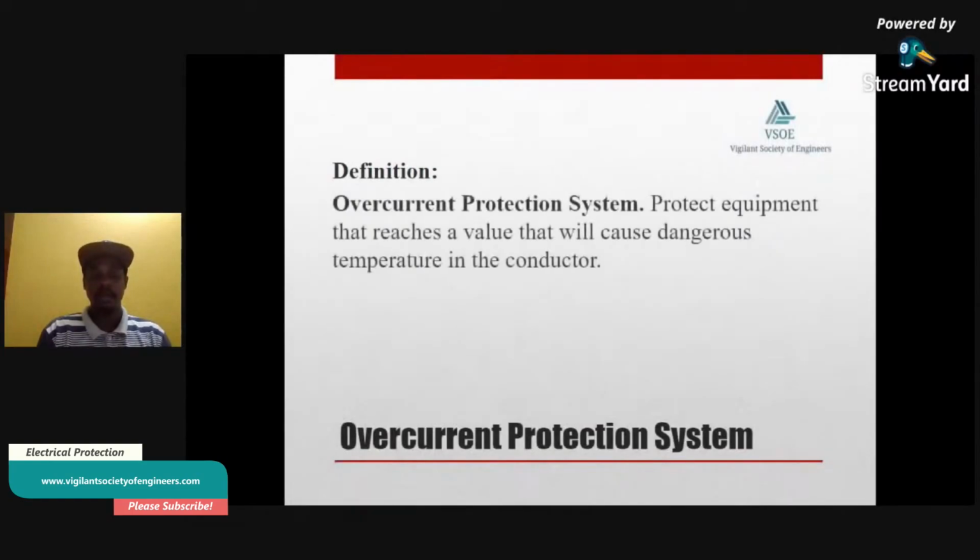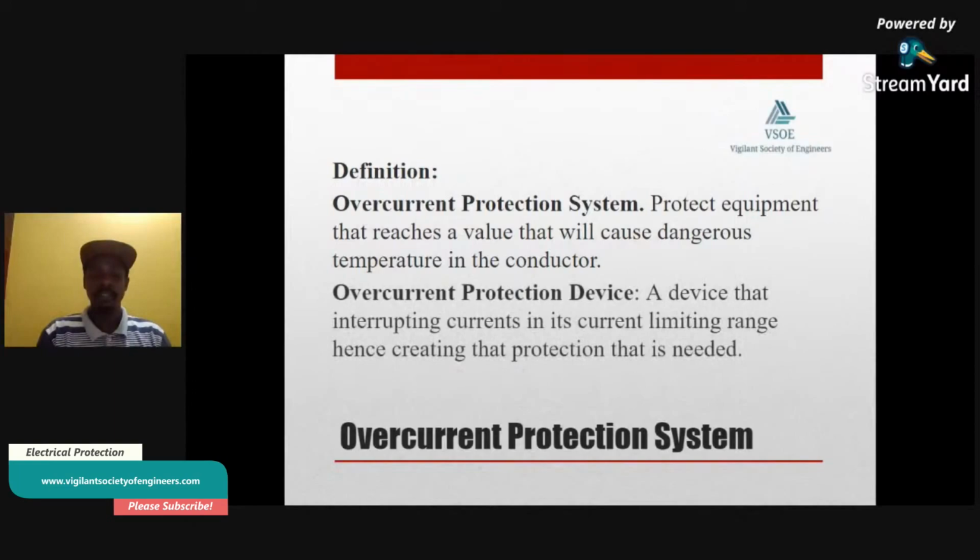When it comes to defining an overcurrent protection system, it is a system for protection against overcurrent, required to prevent conductors and equipment from reaching a temperature which is considered hazardous or dangerous.